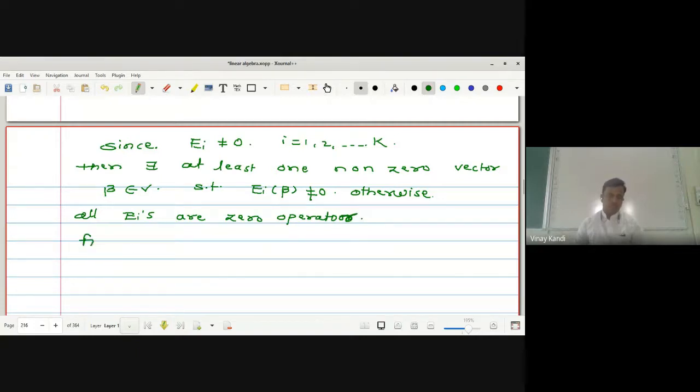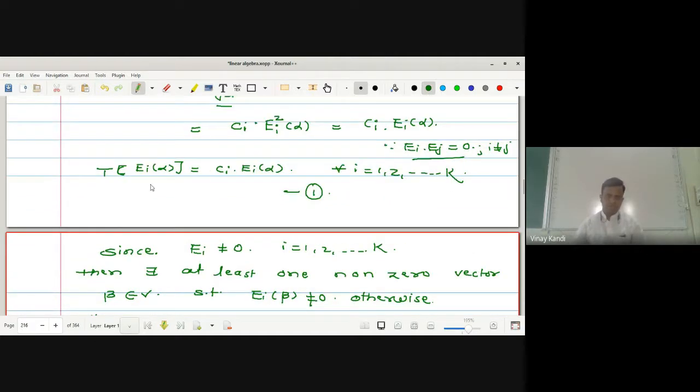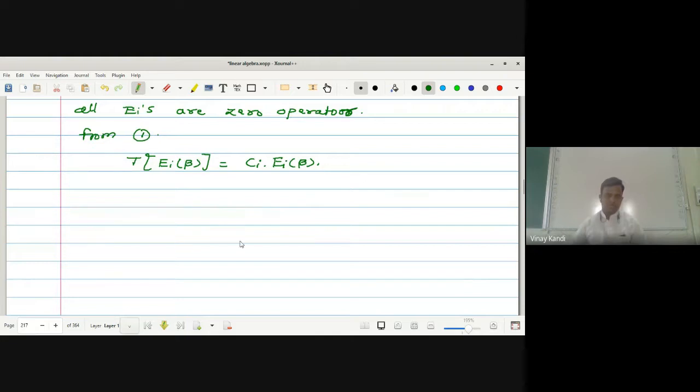So from 1, this is T of the non-zero vector. Ei of beta is equal to Ci into Ei of beta, where i runs from 1 to k and Ei of beta is not equal to 0.